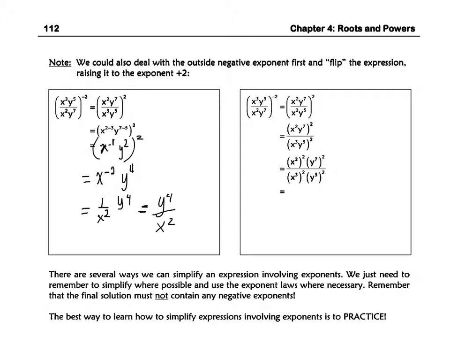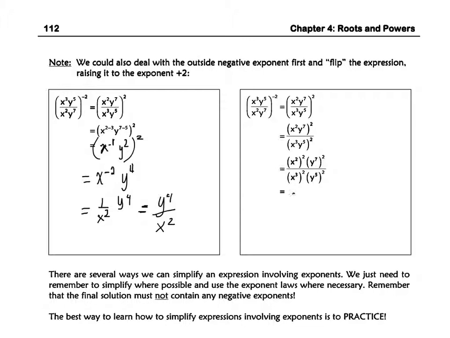And the final way, and there are probably other ways as well, but this is another way you can do it. Again, they flipped the base, dealt with the negative exponent on the outside and flipped the expression inside the brackets to the power of positive 2, but this time they used the quotient of powers, and they wrote that the expression there was the numerator raised to the power of 2 and the denominator raised to the power of 2, and then applied the product rule.